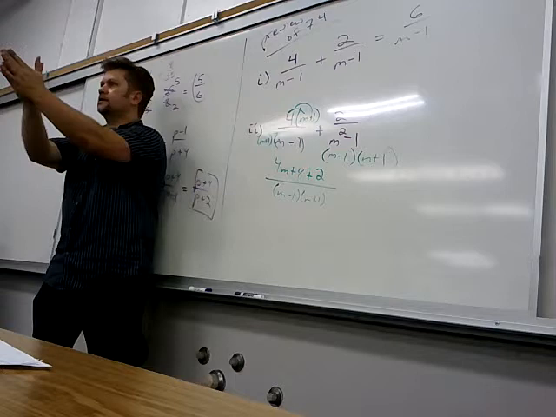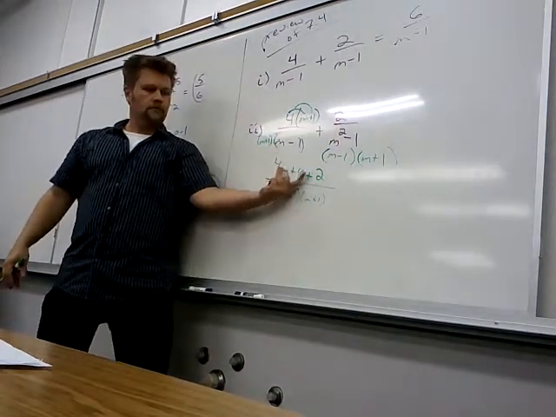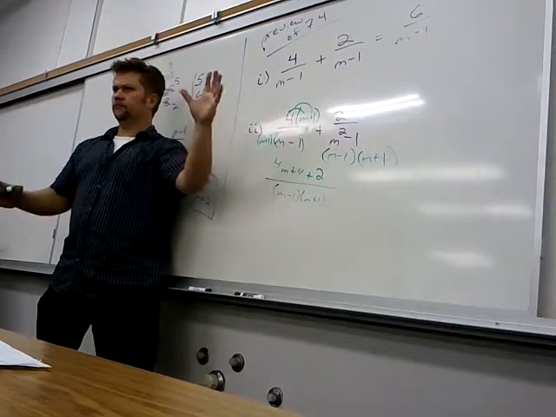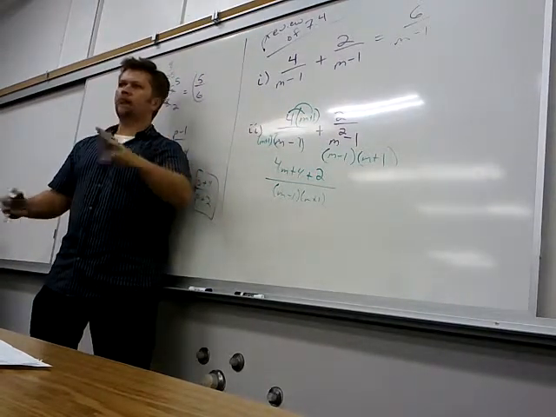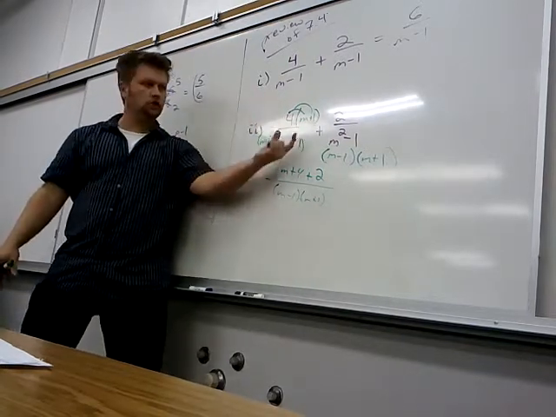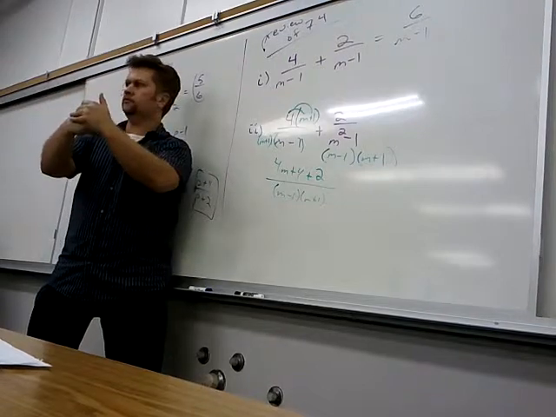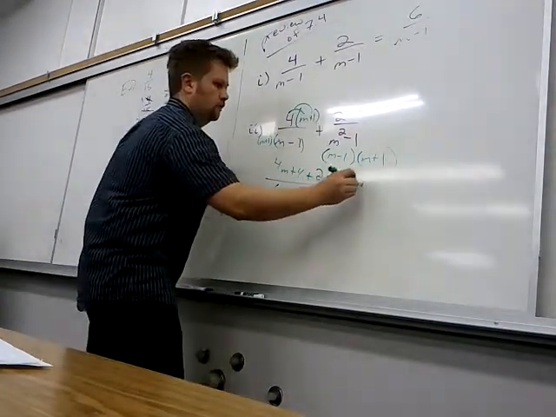Because now you made the bottoms the same. So now you can put that together with that because you've made the bottoms the same. It's the same process as before. Math doesn't care what the hell's in there. The process is the same. Make the denominators the same. Once you do it, you're allowed to put them together. So what do you get on the top then here at the end? 4m plus 6.